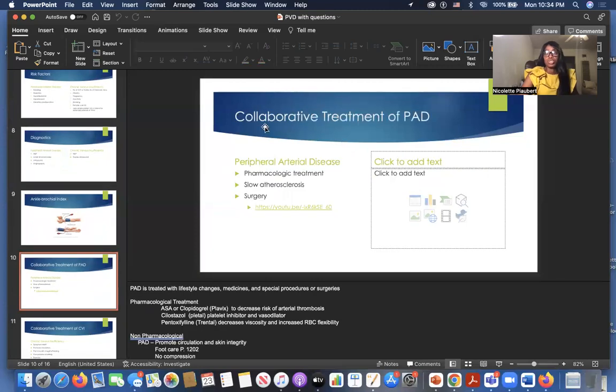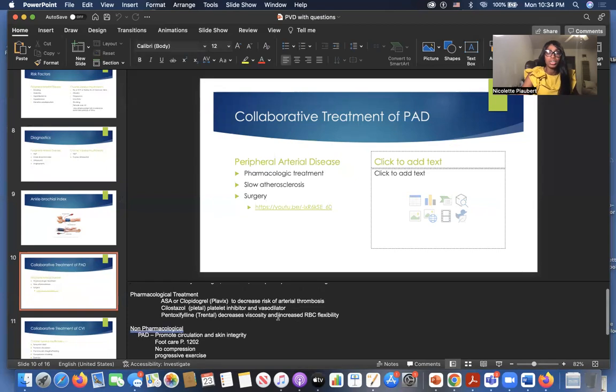Now for treatment. For arterial disease, we're looking at pharmacological treatment. We mentioned aspirin, Trental, which decreases viscosity, and Plavix, which is a platelet inhibitor and vasodilator.